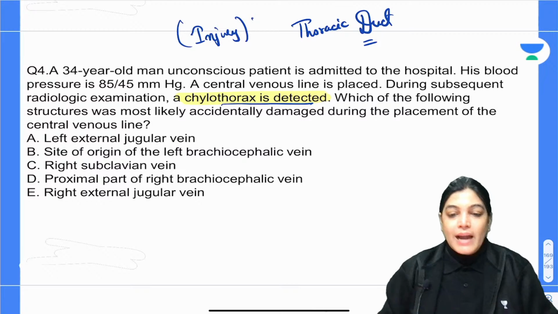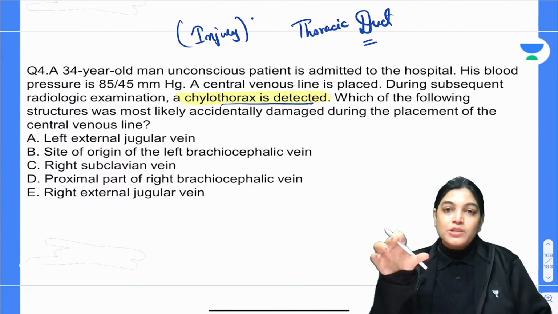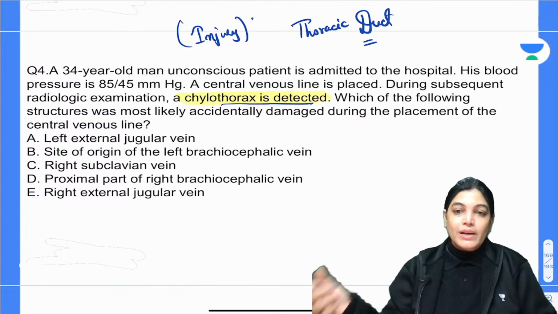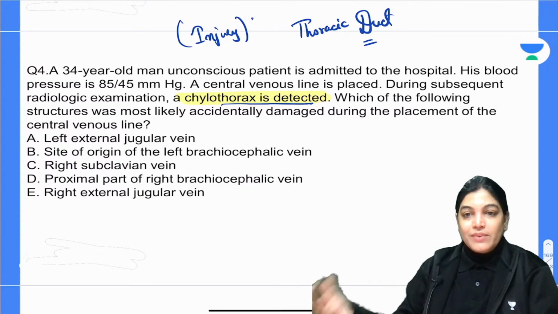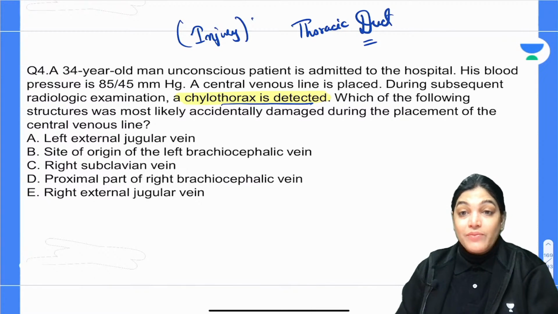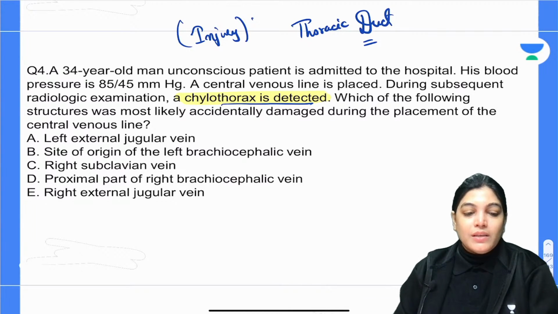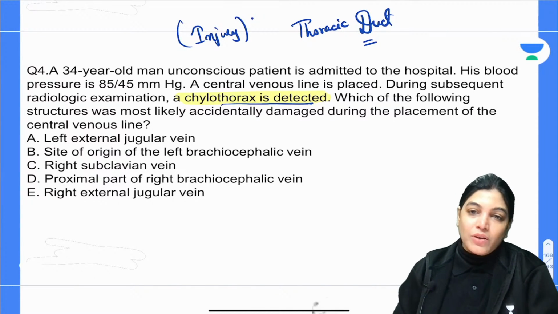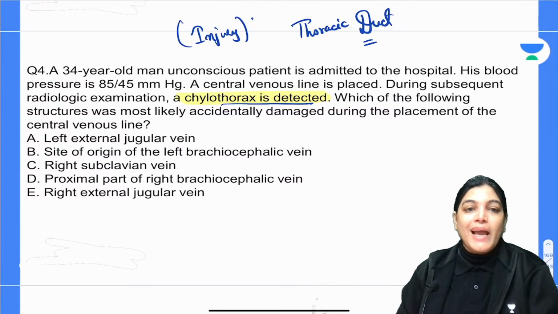And we know that the thoracic duct is draining at the junction of left internal jugular vein and left subclavian vein. The thoracic duct is terminating exactly at the junction of left subclavian and left internal jugular vein. So we have to choose the best structure lying close to it.